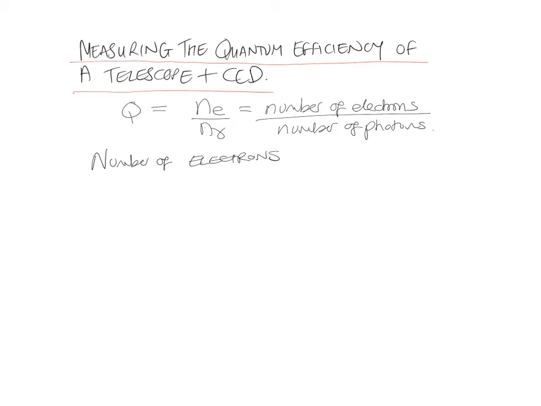So let's start with the number of electrons. Remember that this is proportional to the number that comes off of the CCD, but is not equal to it. And the proportionality constant is this thing we call the gain. So this is the gain times the count, and it's that count that's in those funky units of ADU, or analog digital units. We measure the gain from those pairs of flats.